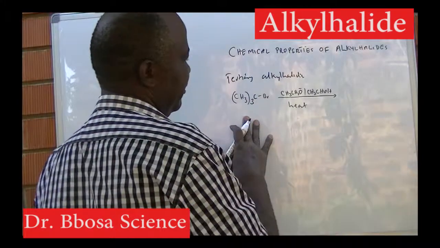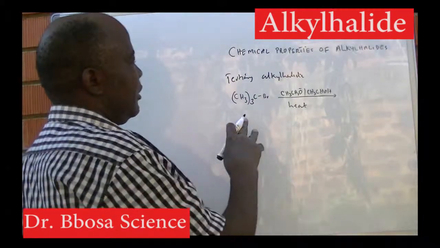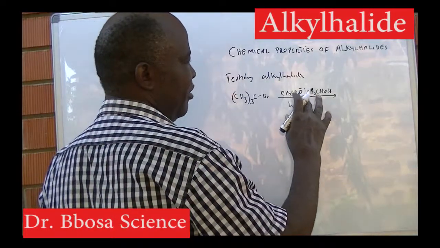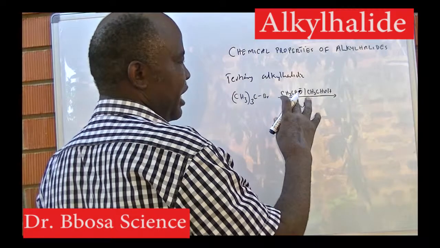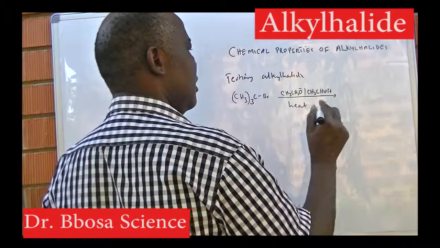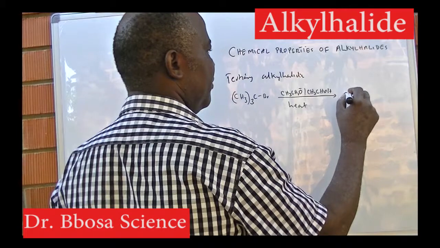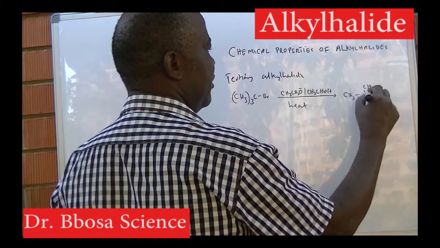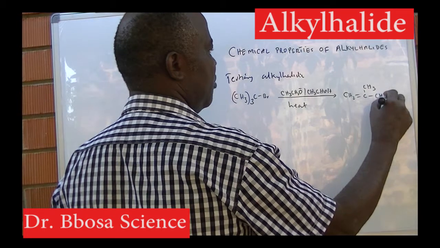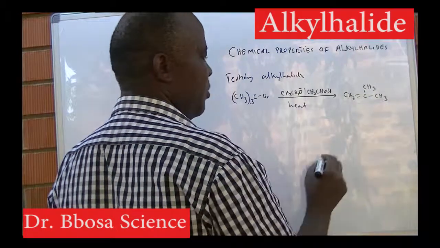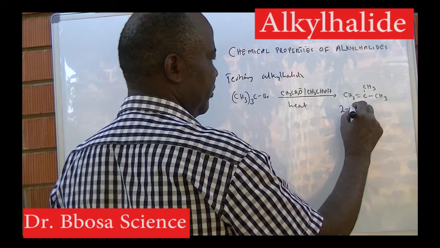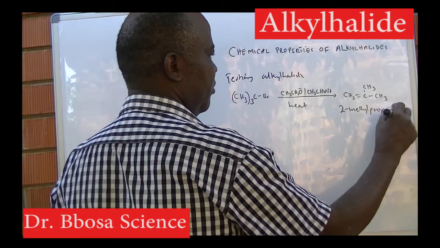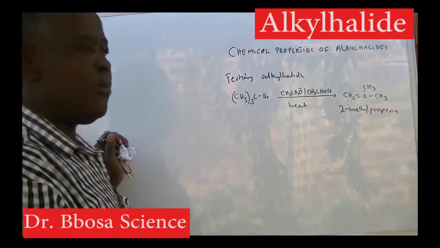Tertiary alkyl halides. 2-bromo-2-methylpropane will react with ethanol in the presence of potassium ethoxide to form 2-methylpropene.